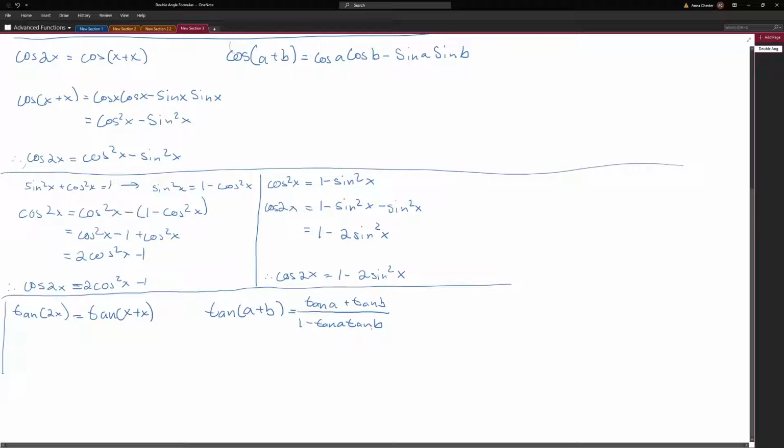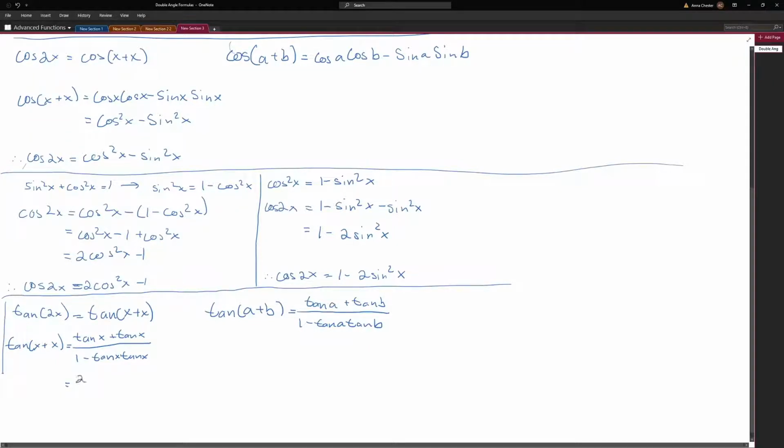Okay, so now let's again go through the same method. We are substituting in our x plus x values, and what do we get? We get tan x plus tan x over 1 minus tan x tan x, which we could now group or multiply the exact same variables together.